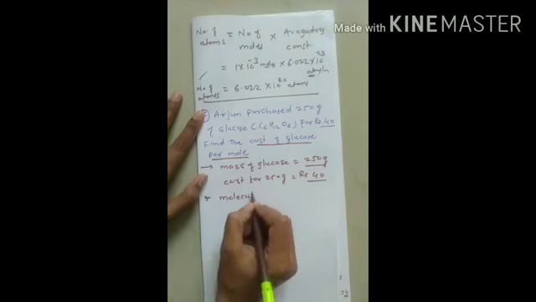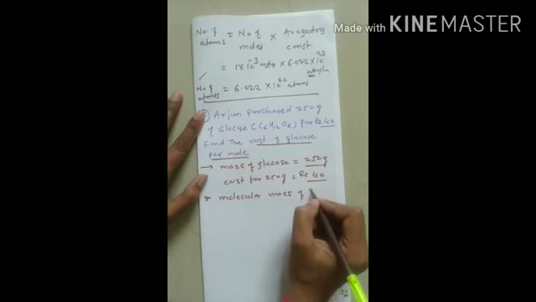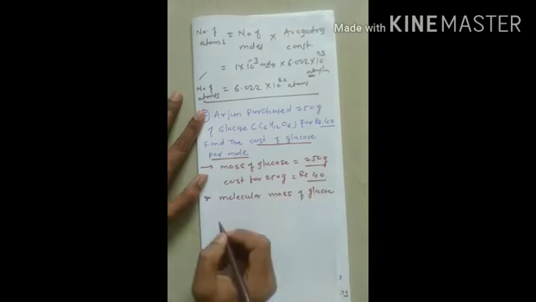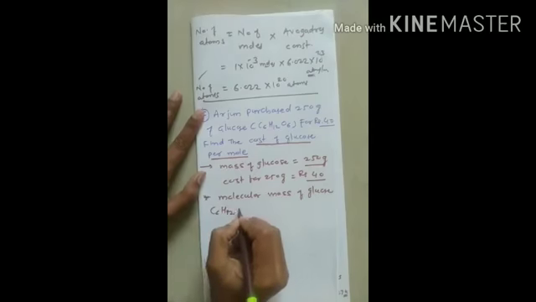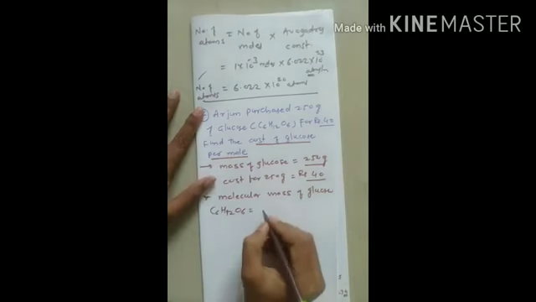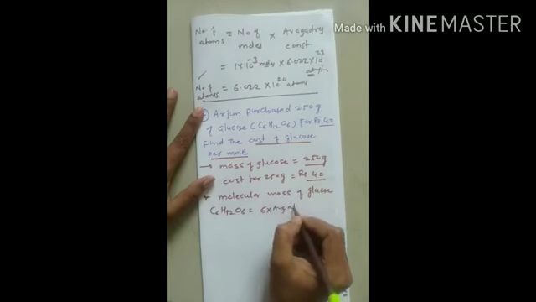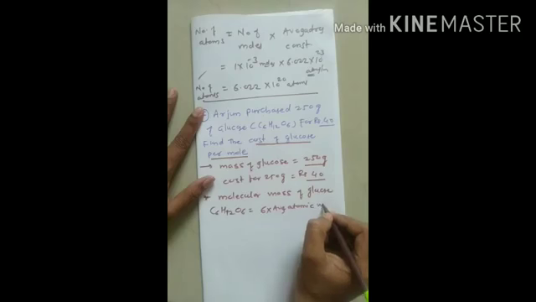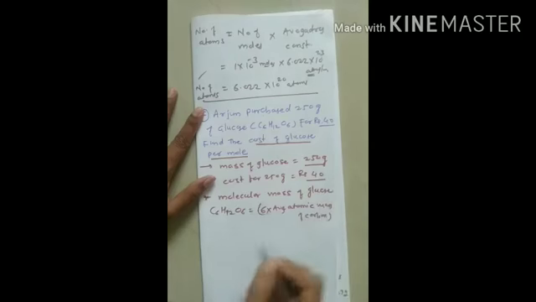Molecular mass of glucose. The formula is given: C6H12O6. So I can say 6 atoms of carbon into the average atomic mass of carbon. This is your first element.